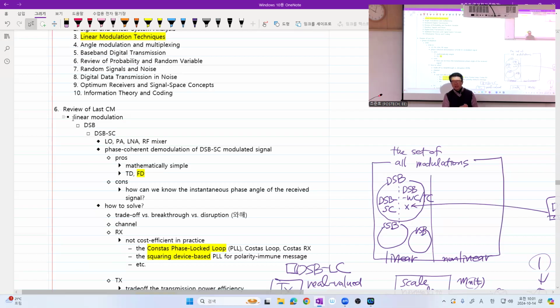But probably at this stage of your undergraduate study, you love something exact, right? Something closed form. However, in reality, it's not, because of the implementation complexity.